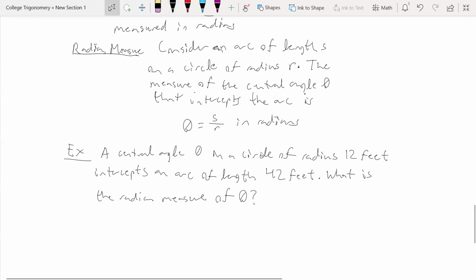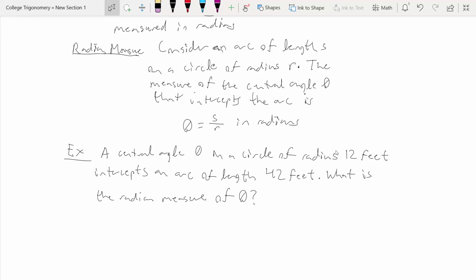Now, fortunately, our arc length is measured in feet and our radius is measured in feet. As long as they're measured in the same distance units, then we're good. But if one of them was measured in inches and the other in feet, we'd have to convert to a common unit first. Either convert them both to inches or both to feet. They have to have the same dimension.